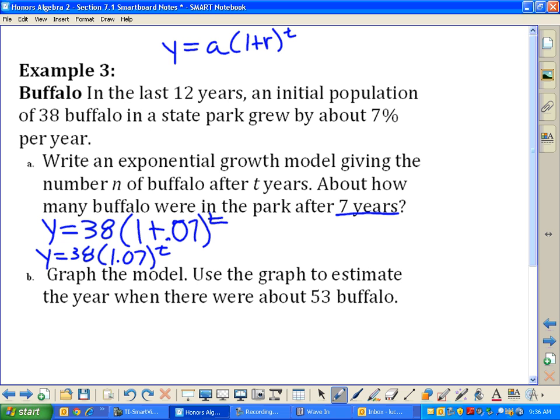Then it says use this model to figure out how many buffalo there were in 7 years. Remember, years is our control variable in the problem. So we're going to take our time, our t value, and set it equal to 7. And then you need to tell me how many buffalo there were after 7 years. Round to the nearest whole buffalo. Go ahead.